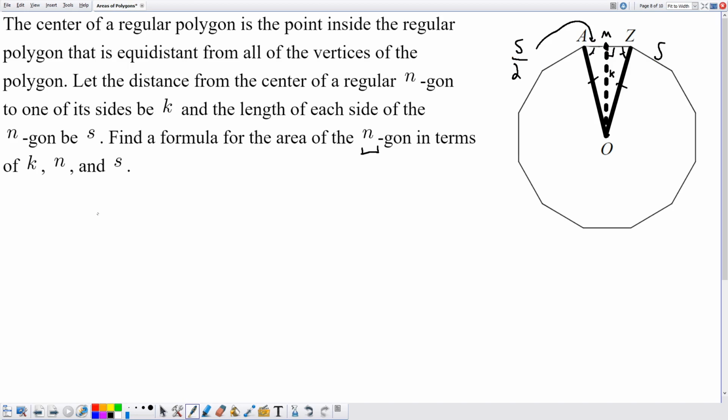So let's find the area of AZO. Since our formula is in terms of k, we can keep it the same. The area of AZO is 1/2 base, which is AZ, which is s, times the height k.